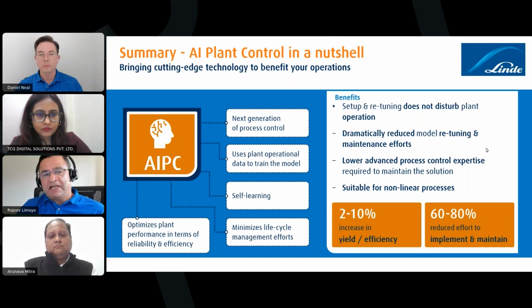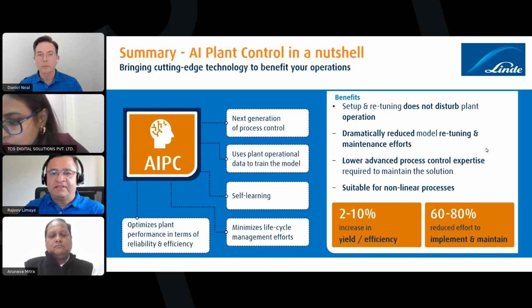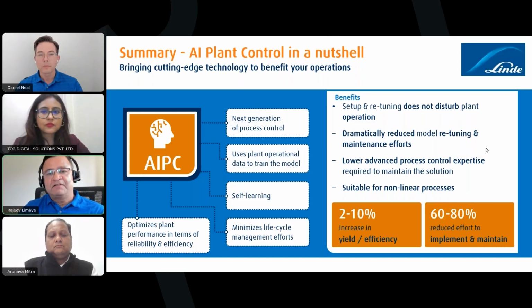So we have a product called AI RTO, which sits on top of AI plant control. And typically AI RTO will give the set points or the target values to AI plant control in each respective unit, and it achieves the site-wide optimization.